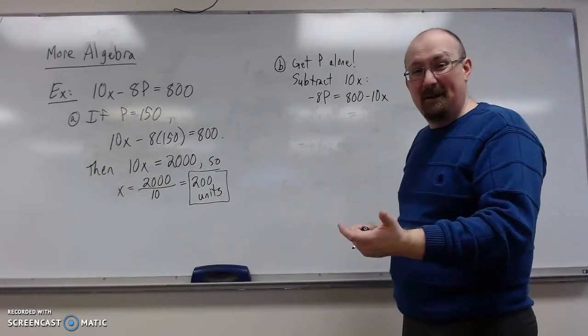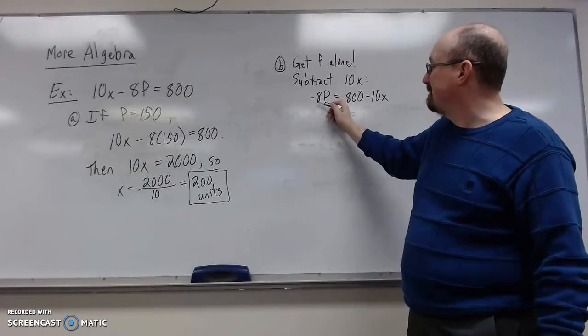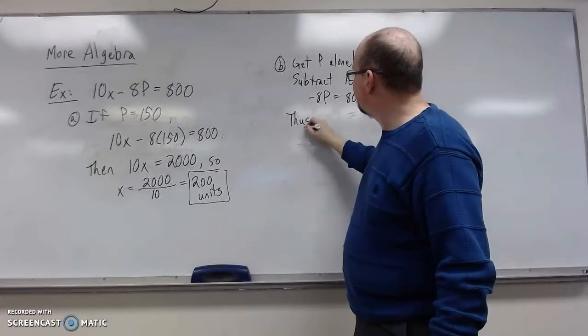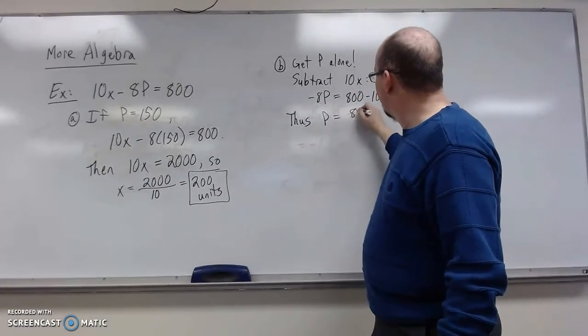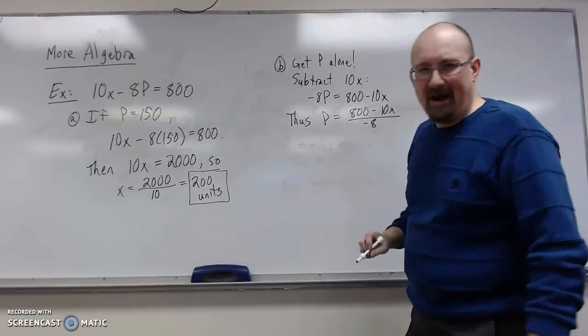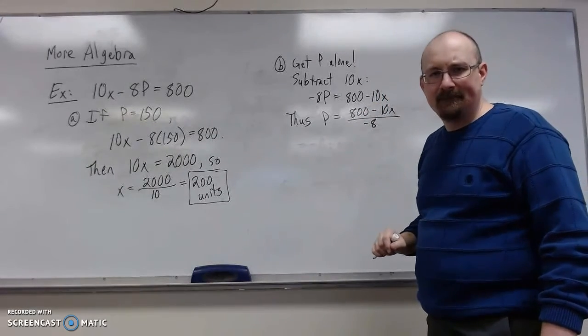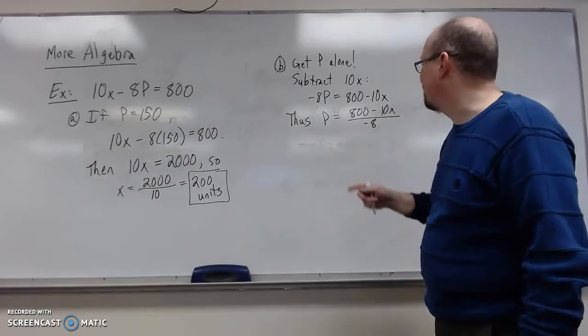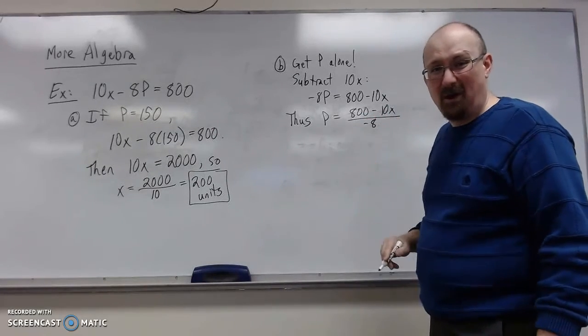What's left to do to get P by itself? We have a multiplication by the coefficient of negative 8, so we have to divide. So you have 800 minus 10x, divided by negative 8. Now you can break this up if you like. That's the way I'm going to do it because I don't like keeping this written as a big awkward fraction.